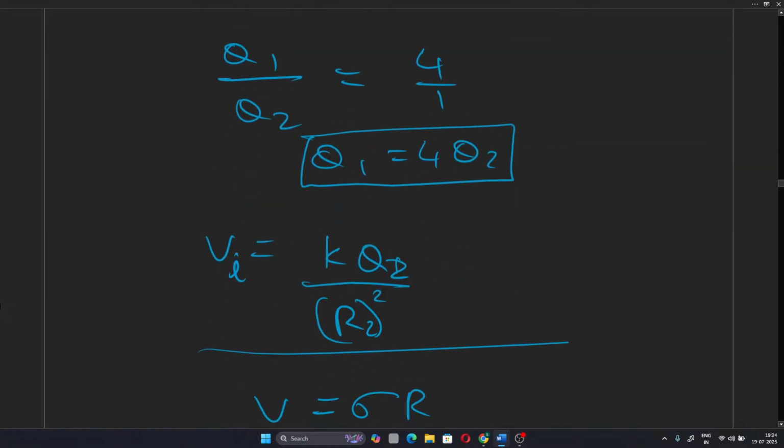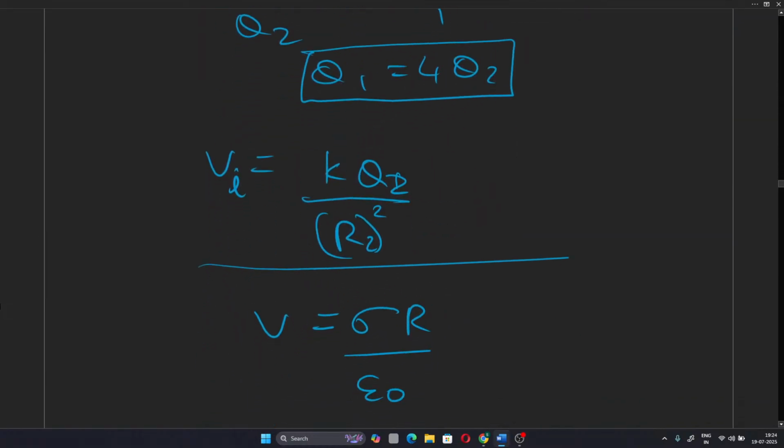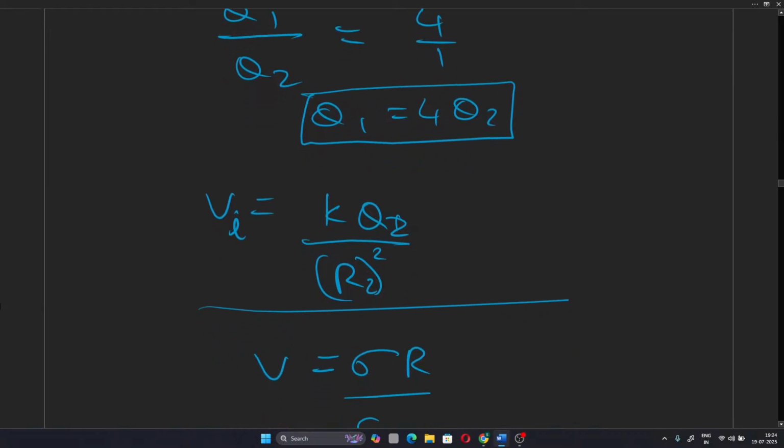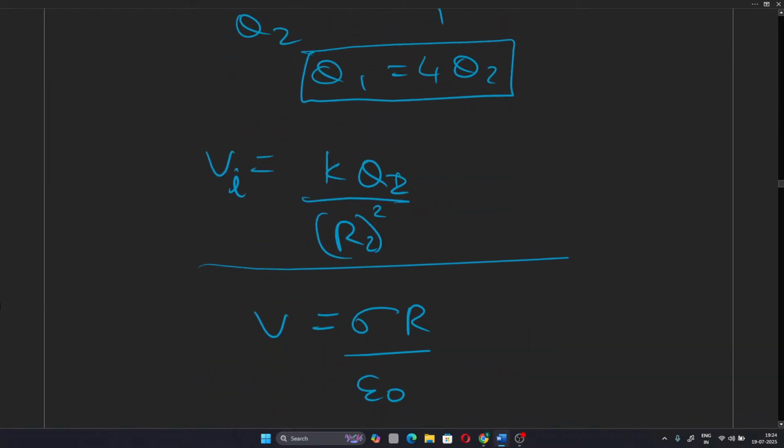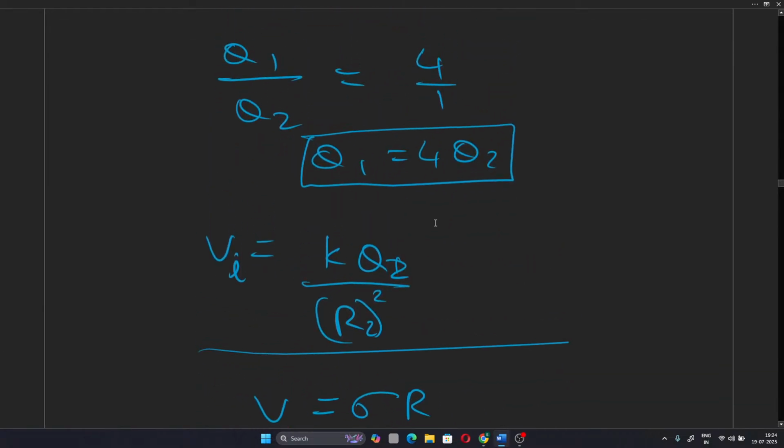Actually, in this other way, if we wanted the final and initial potential, we should find the q1 charge and divide V final by V initial.